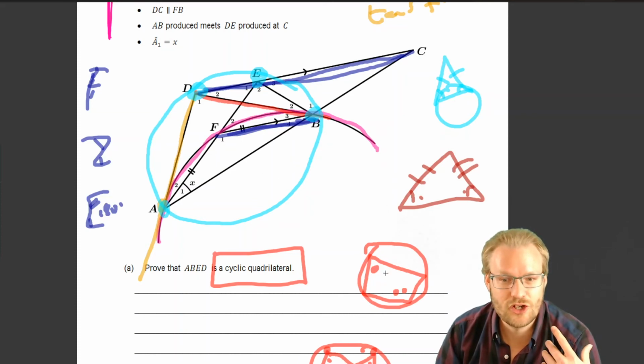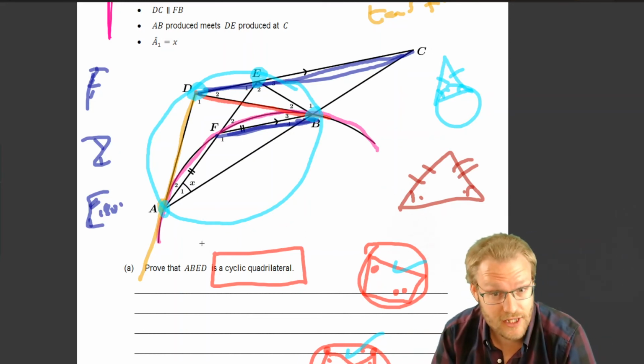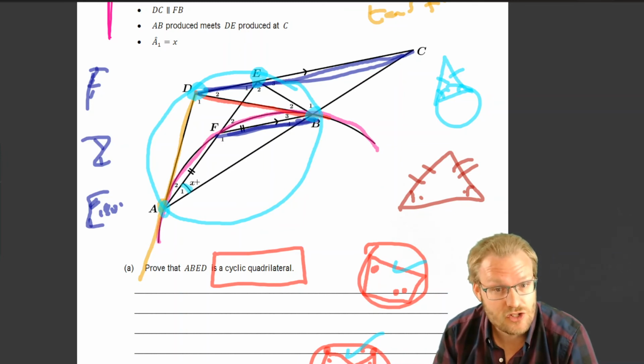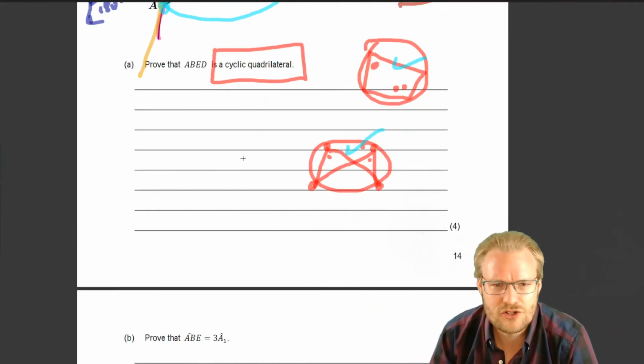So can you show one of these things? Leave it to you. Try and hunt around. Hint, you've got x. See if you can show a whole lot of other angles are x. Try and work them out in terms of x. That's x, that's 180 minus x, that's 360 divided by 3 plus x, whatever it is. So that's what you're going to try and do.